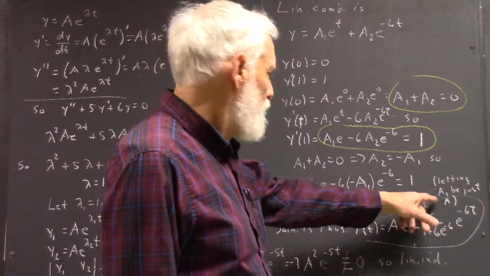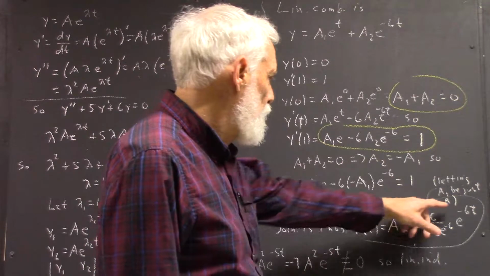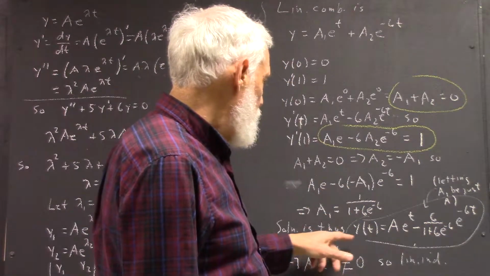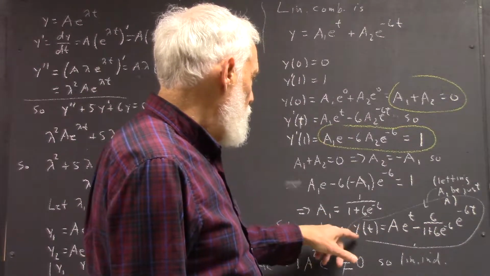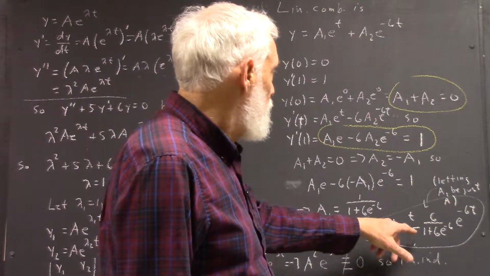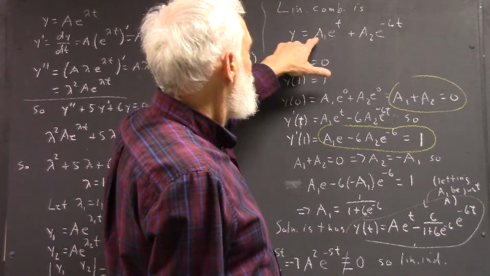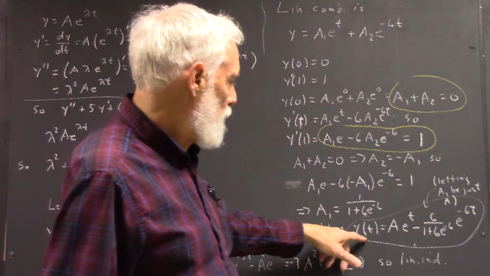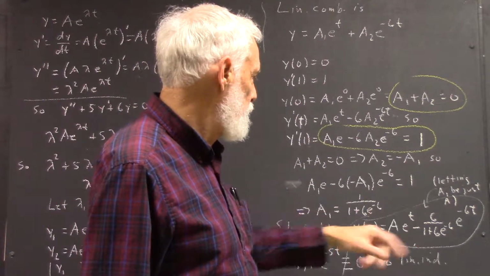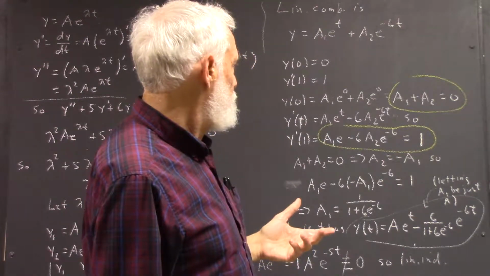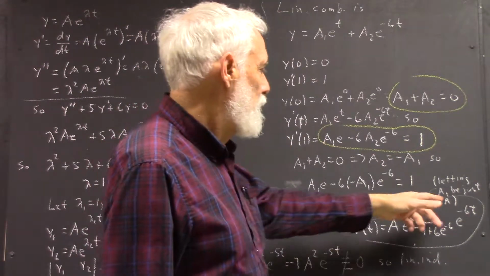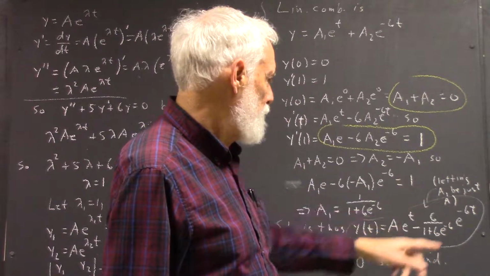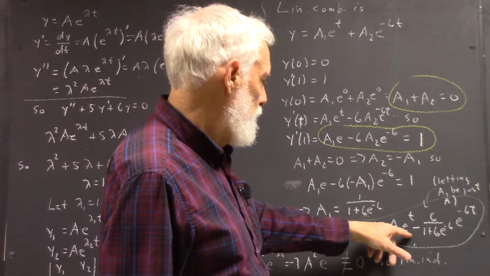If we just call this a instead of a1, then y of t is just going to be a e to the t, because if we let a1 be represented as a, then our a1 e to the t will be a e to the t.